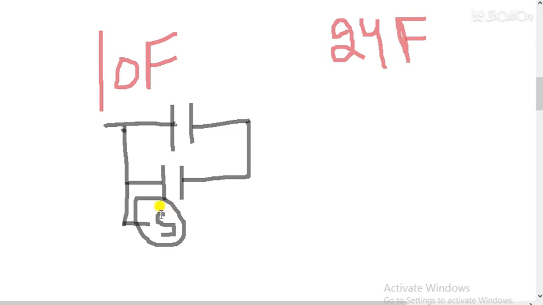So students, by connecting 5 capacitors here, I will get the value of 2 farad. I will connect 5 capacitors here and 5 capacitors again here, so that I will get 2 farad from each of them, and 2 and 2 is 4, 4 and 10 is 14, 14 and 10 is 24.